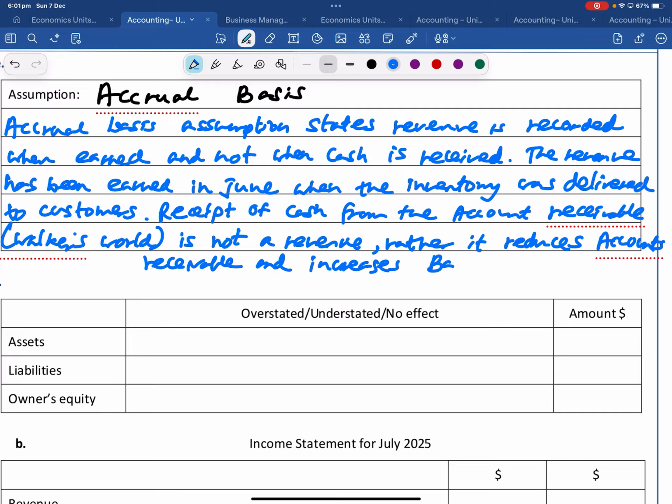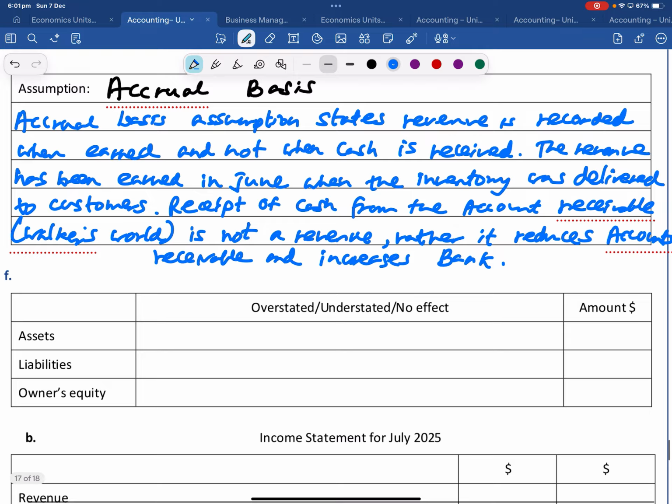Increases bank. Right. Okay. Now part F. This is what you asked me a question about, yes?